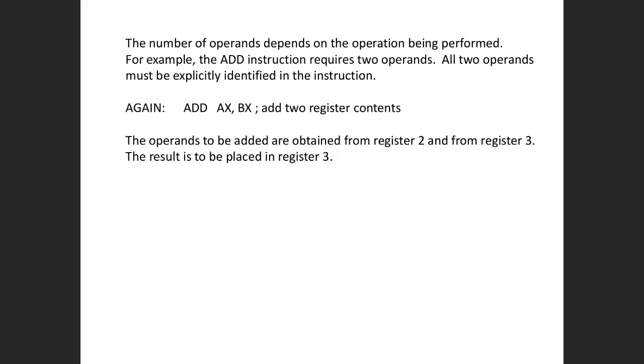Also, as I said, there are two operands. For example, ADD AX, BX, and before that we put something followed by a colon, which is the label of this line. ADD AX, BX means the AX content and BX content will be added up. The destination and source index registers are DI and SI: DI for the destination index register and SI for the source index register.